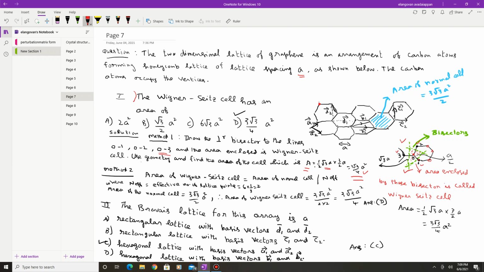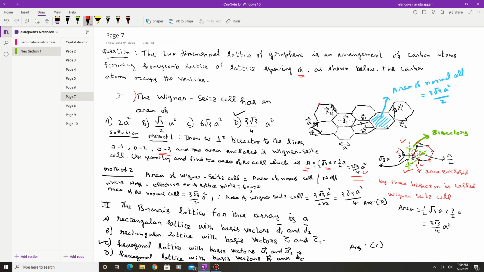So this is the area of the Wigner's cell. Once you draw the triangle, you can calculate the length of one side as well as the vertical height, because it is an equilateral triangle. So from this you can calculate the area, 3 root 3 by 4 a square.